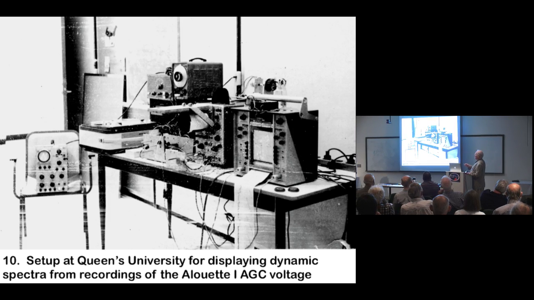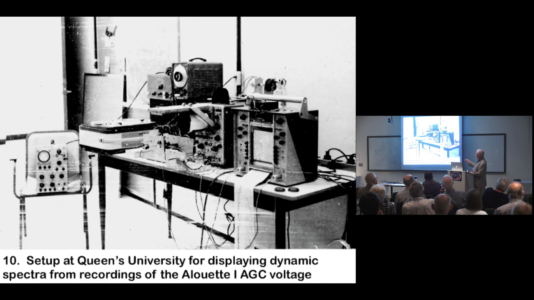And then it needed a slow horizontal sweep because the Alouette 1 satellite sweep was about 18 seconds long. And this is a sophisticated way of generating a slow sweep. I think there's an electric motor here turning a rheostat.